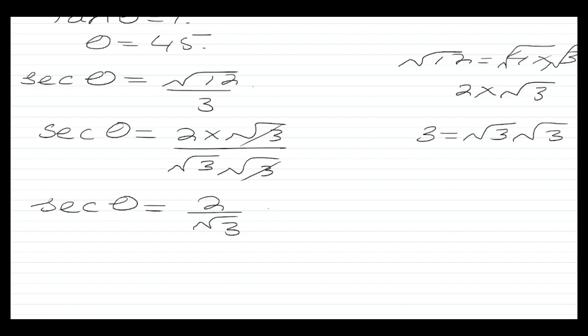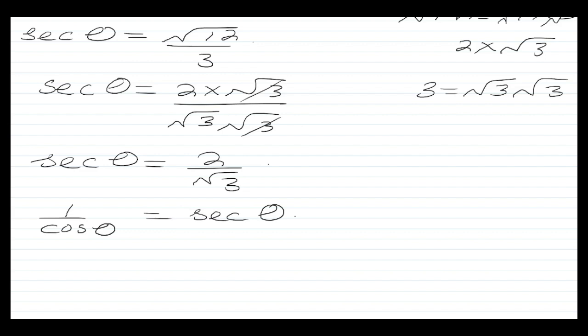How will it be 30 degrees? We know that the reciprocal of sec is cos. So we can say that 1 over cos theta is equal to sec theta. But now we will place the value of sec theta that we just got. So 1 over cos theta will be equal to 2 divided by under root 3.